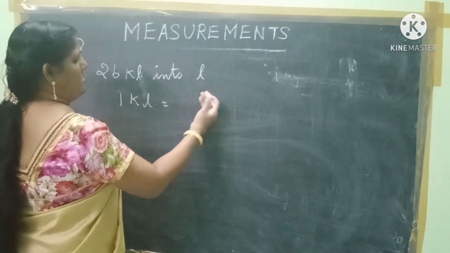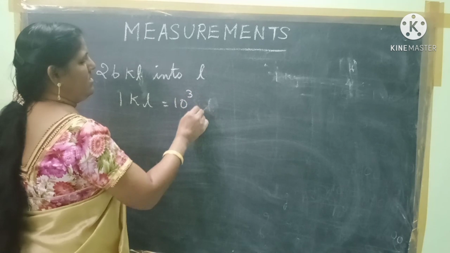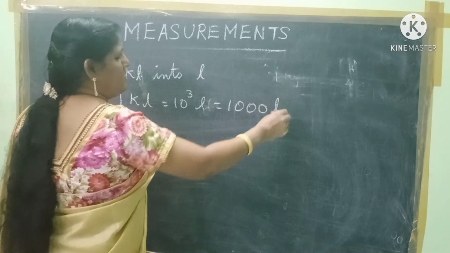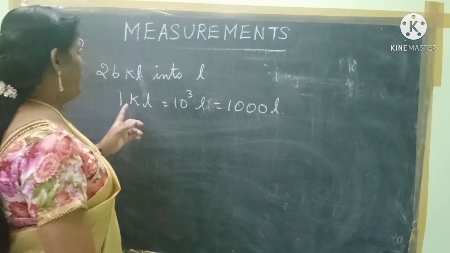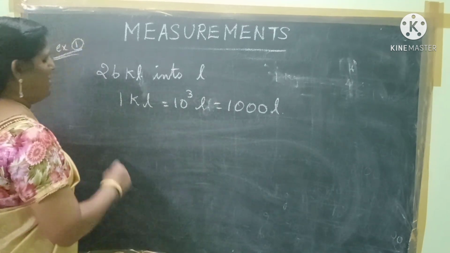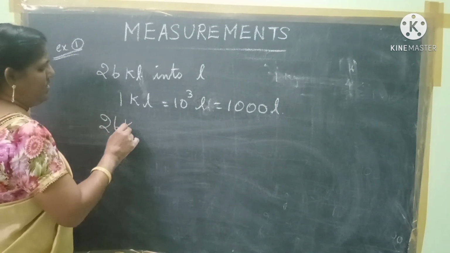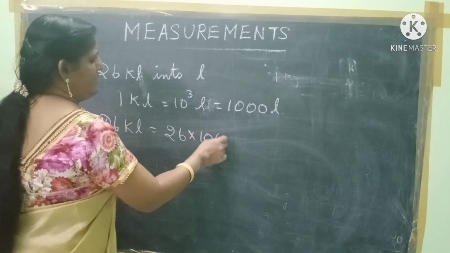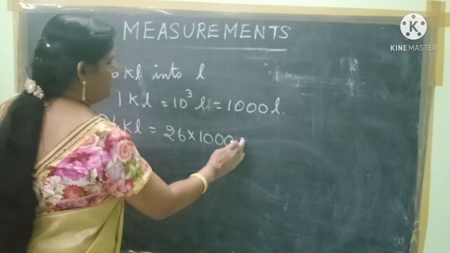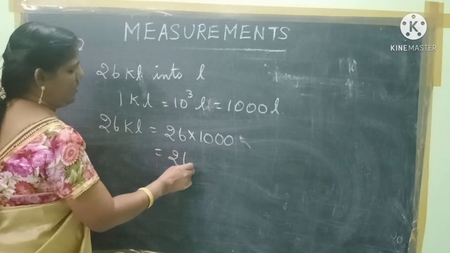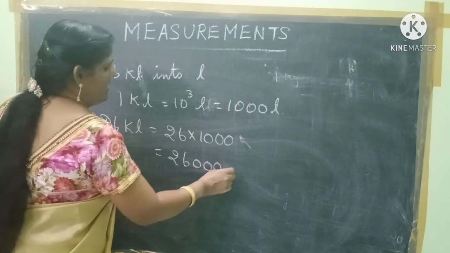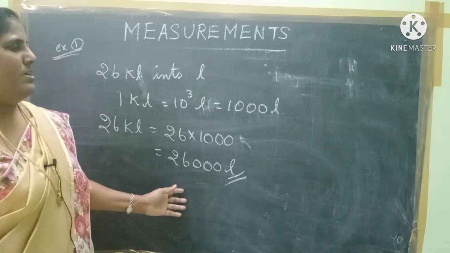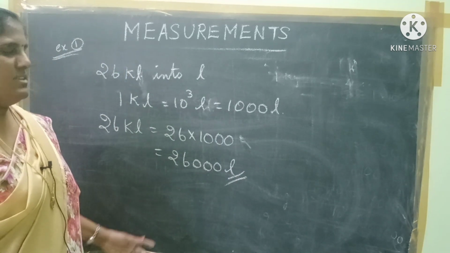So 10 to the power 3 liter means 1000 liter. So 1 kiloliter equal to 1000 liter means 26 kiloliter equal to 26 into 1000. What is the answer? 26,000 liter.